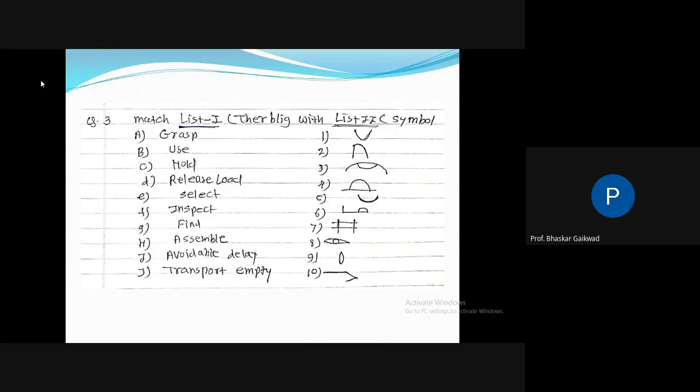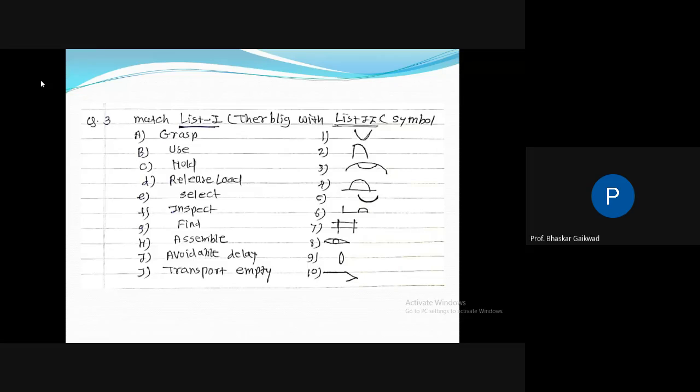Empty transportation, where we can join here the number 5, that is the empty transportation. Like this way, this is one example I have given. Then finding is there. So which of the 8 numbers will match this. Like this you can solve these 10 matchings. One of the questions in your exams or GATE exams will be there.